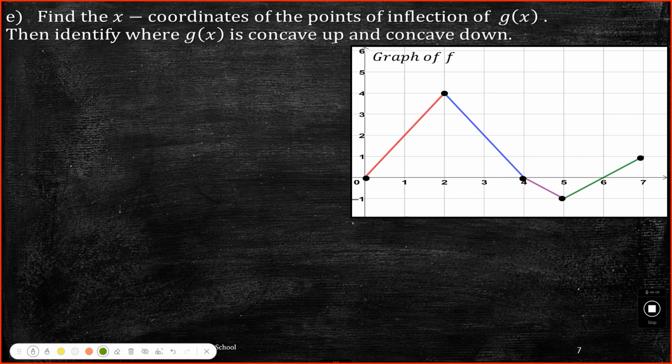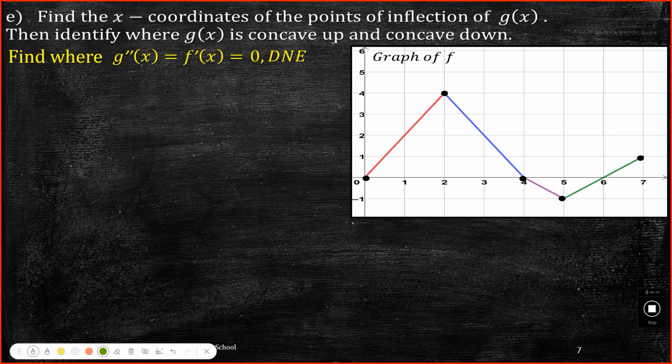g double prime of x, which is equal to f prime of x, is equal to 0 or does not exist. Here's the definition again. We have to find where f prime of x is equal to 0 or does not exist.